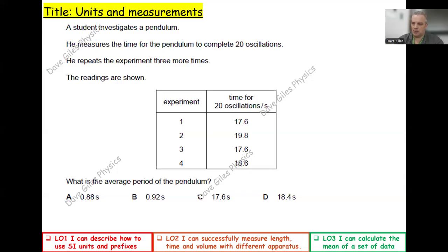That gives me 73.6, and divided by 4 gives me 18.4. However, that is the average for 20 oscillations, so I need to divide by 20. That gives me 0.92, so the answer is therefore B.